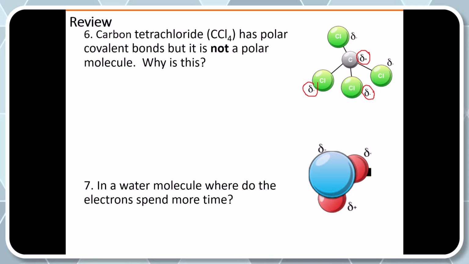And so these chlorines with a partial negative charge are on the outside. It's hard to tell, but these are supposed to be in 3D space, right? So there's not a slightly positive end and a slightly negative end of the entire molecule, because the entire outside portion of the molecule is slightly negative. So there's polar covalent bonds, but the molecule is not polar itself.